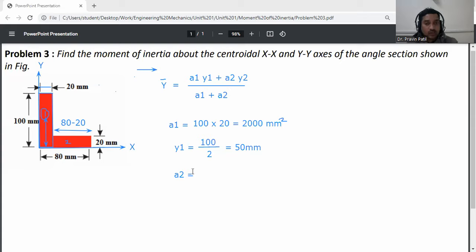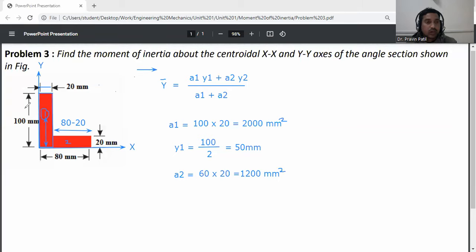So a2 is equal to 80 minus 20, which is 60, into height 20. So 60 into 20 will be 1200 mm square. This one is a2.